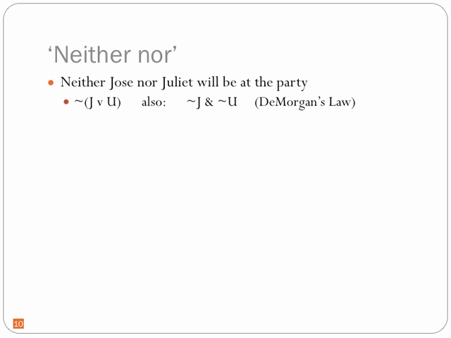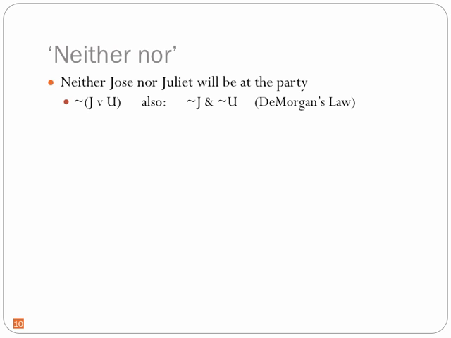If it just said j or u, well, that would be telling you that either Jose or Juliet's coming, right? You can think of it as at least one of them is coming, Juliet or Jose. But we're saying that that's false. It's false that either of them is coming, because neither is coming.